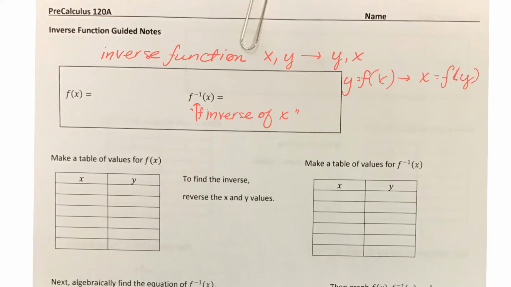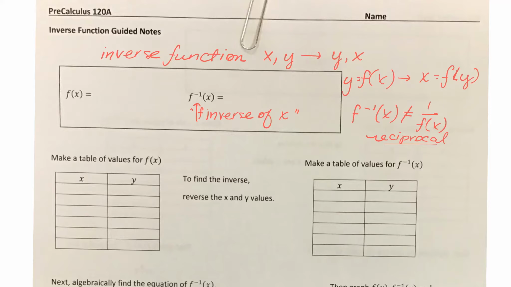This is not an exponent. f to the negative 1 of x does not equal 1 over f of x, because that would be a reciprocal, right? That's not what we're getting at here. We're just inverting them.